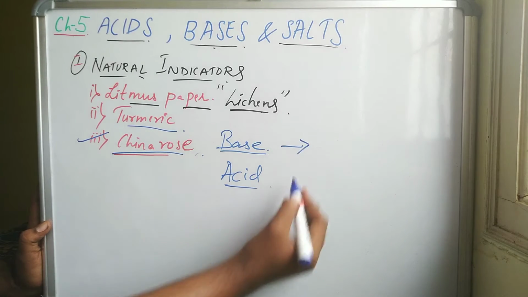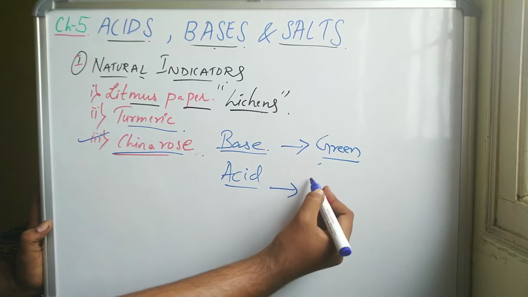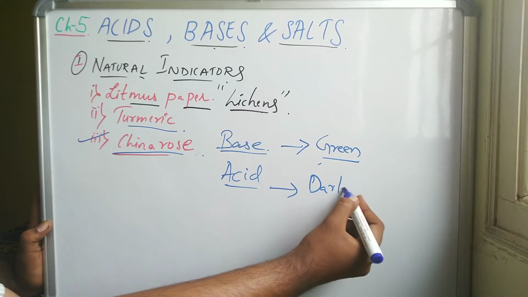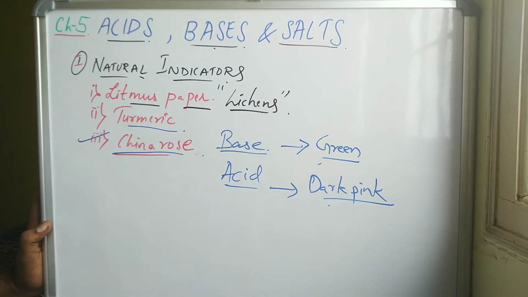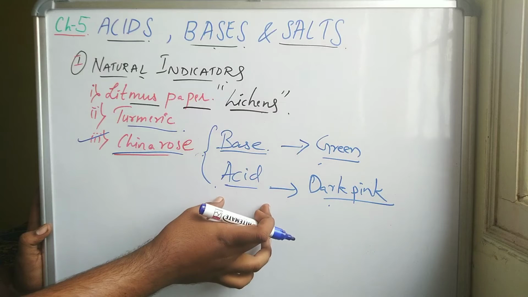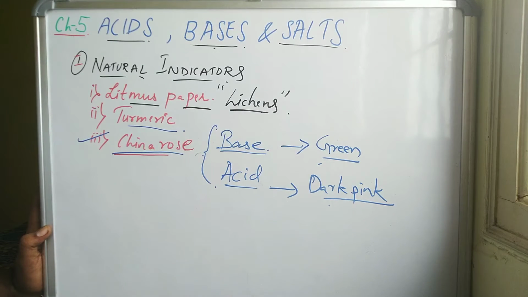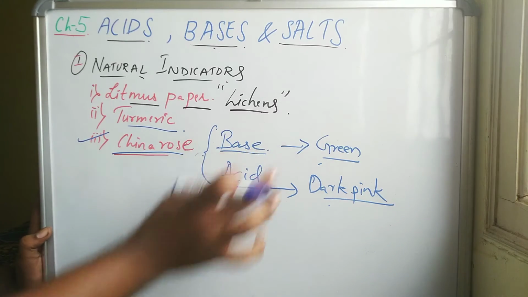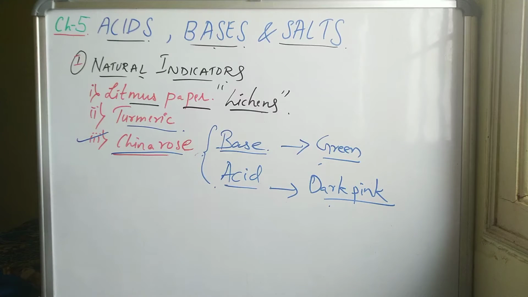Basically in base it shows green color, and in acid it shows dark pink, or we can say reddish color. So China rose indicator turns acidic substances into dark pink or reddish color, and basic solutions into green color. So basically the indicators are nothing but to test the presence of acidic or basic substances.